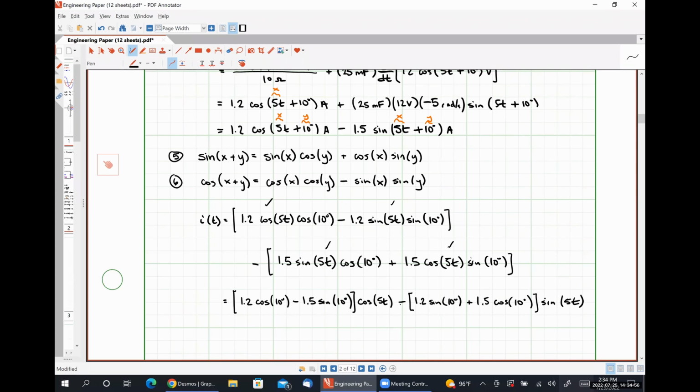So as an intermediate step with an important result, this is going to look like 0.921 cosine of 5t minus 1.686 sine of 5t. I'm going to put I of t out here, and I'm going to put a box around this.